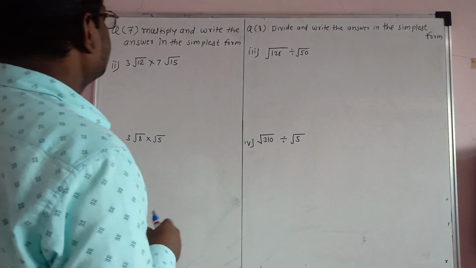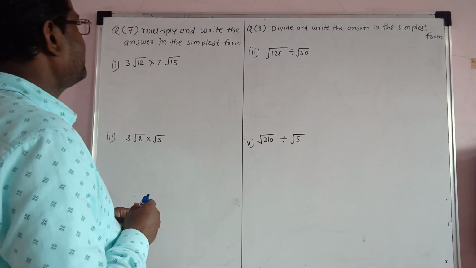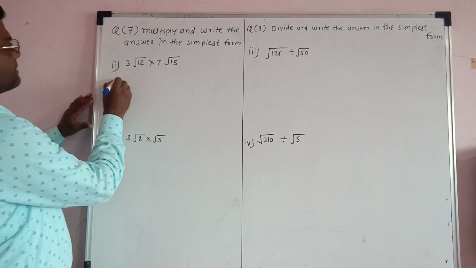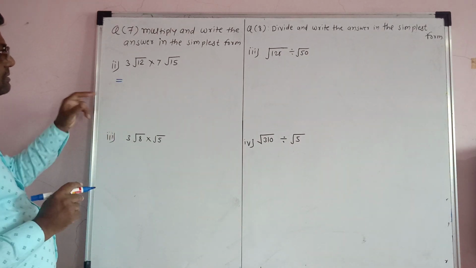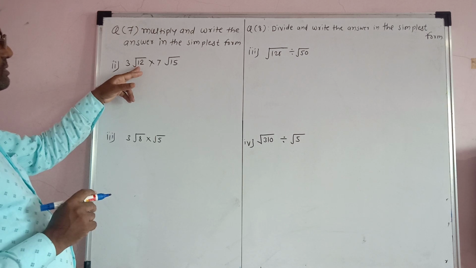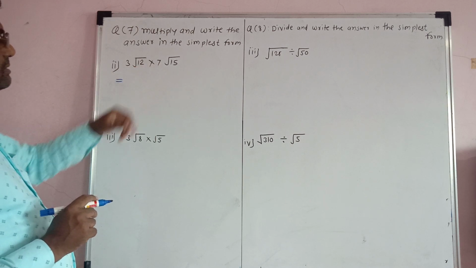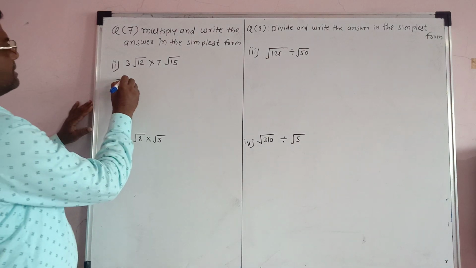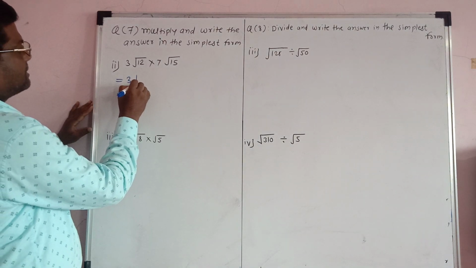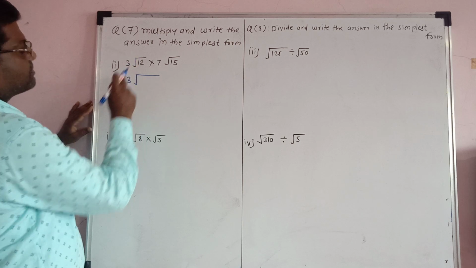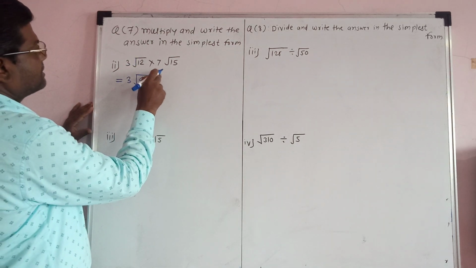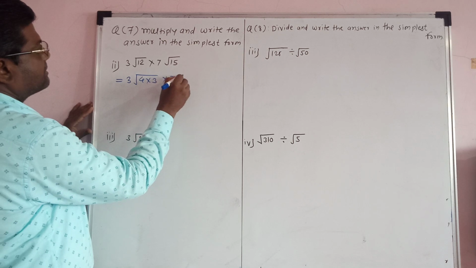Multiply and write the answer in simplest form. Example number 2 is 3 into root 12 into 7 root 15, equal to 3 in square root. This 12 can be written as 4 into 3 into 7.